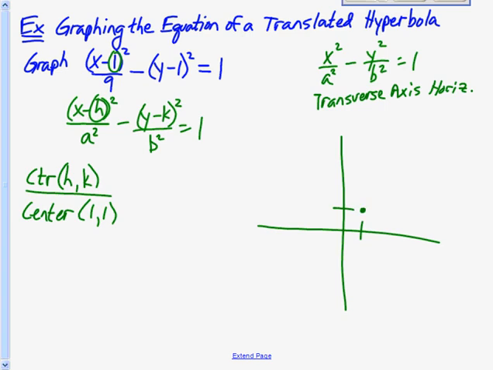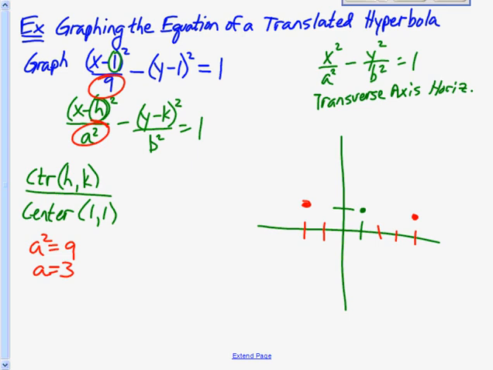All right. Now let's talk about the a. Notice a squared must be 9, so a is 3, square root of 9 there. And a is the distance from the center out to the vertex. And we know the transverse axis is horizontal, so I'm going to go out horizontally 1, 2, 3 units from the center in both directions. So I know this thing is going to open up to the right and to the left.